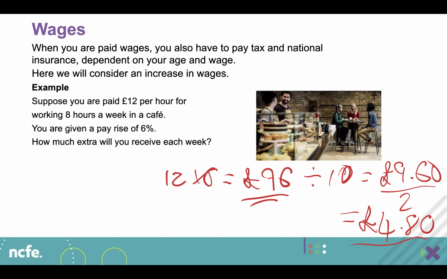So that's 5%. And to work out 1%, all we do is 96 divided by 100, which equals 0.96.